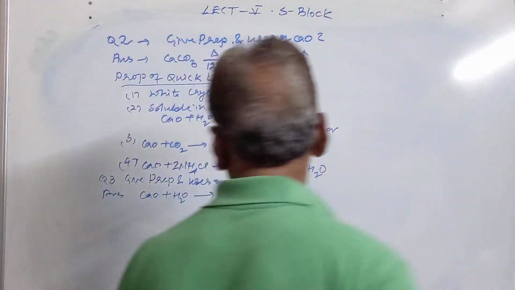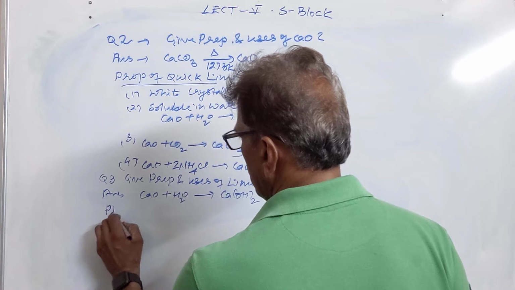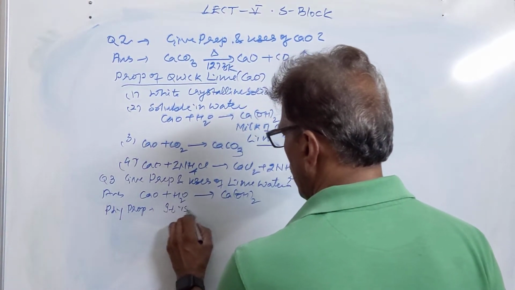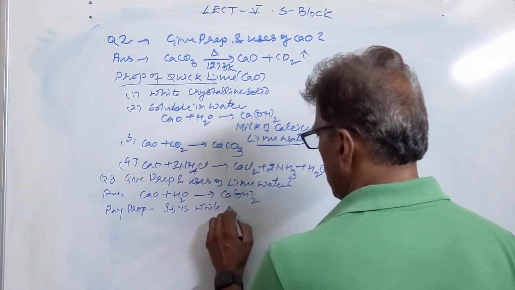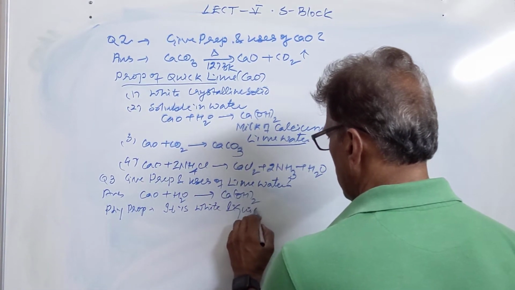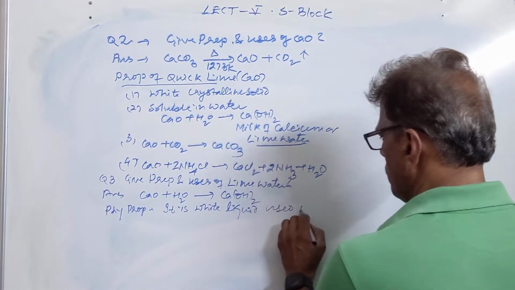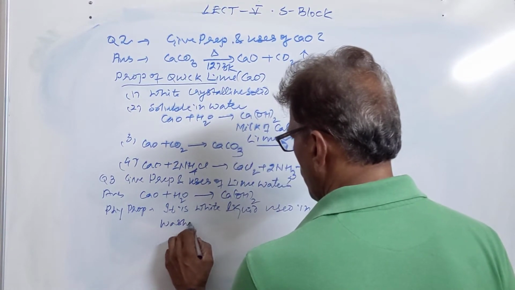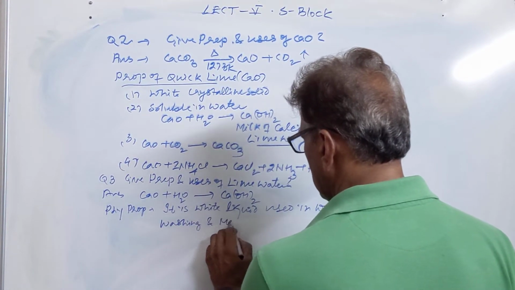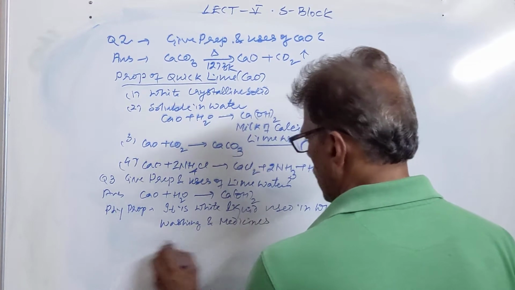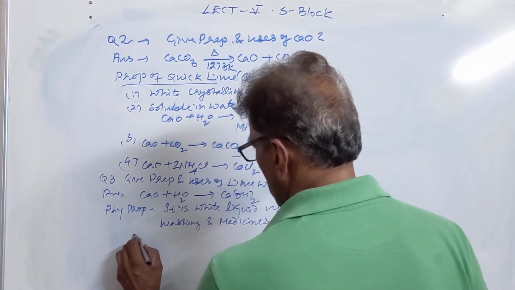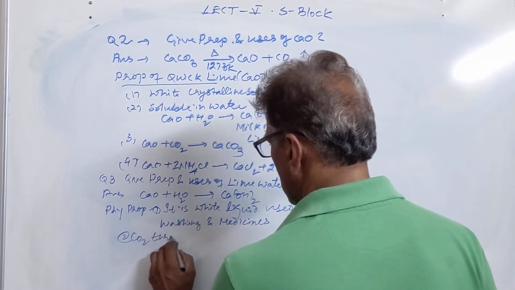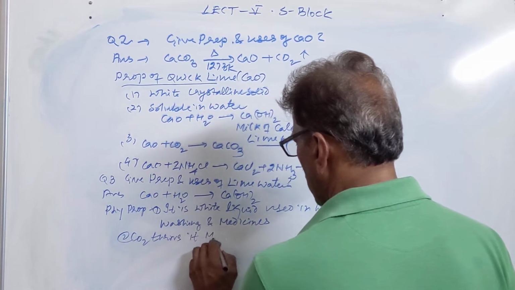It is a white liquid used in whitewashing and medicines. When carbon dioxide gas is passed through it, CO2 turns it milky.